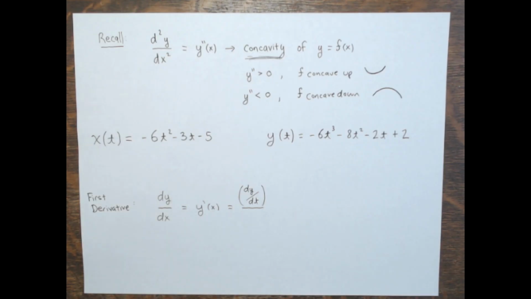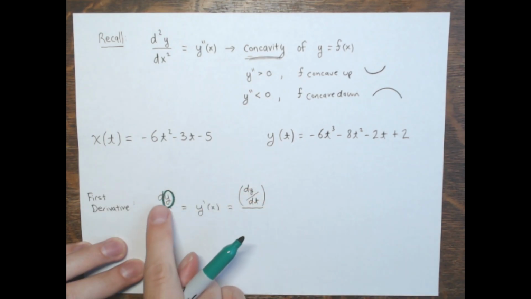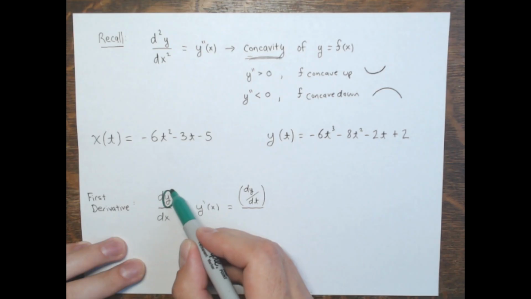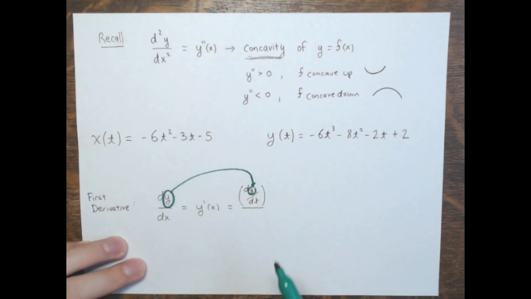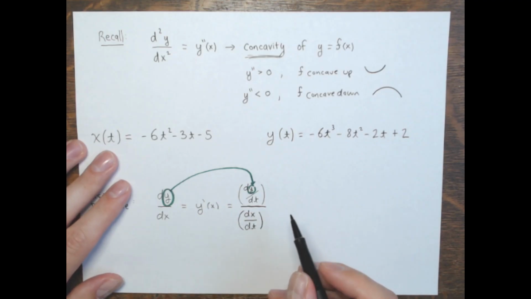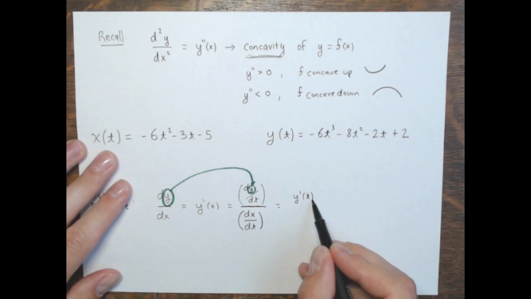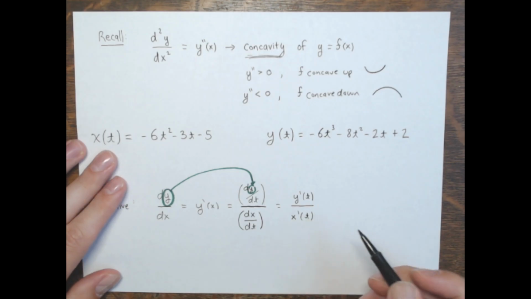So I'm going to point this out. Notice that when we're doing first derivative parametrically, this d over dx operator, the differential operator, is being applied to y, and that's what's going on up here in the numerator. All right, so dy over dt divided by dx over dt, which we could call y prime of t divided by x prime, depending on t.